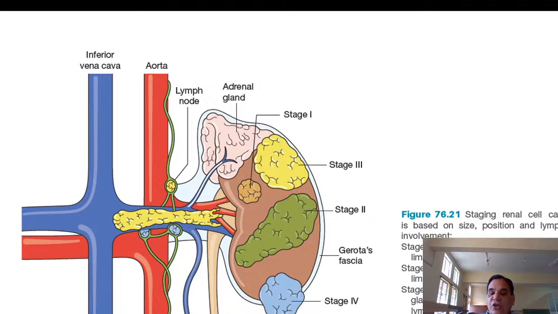And it is not extending beyond Gerota's fascia. Gerota's fascia is very important as a layer. If invasion of that happens, it goes to stage 4. Gerota's fascia covers all the kidney. So stage 4, whenever the tumor goes beyond Gerota's fascia. Simple classification: 7 cm, 7 cm, Gerota's fascia not involved, Gerota's fascia involved.